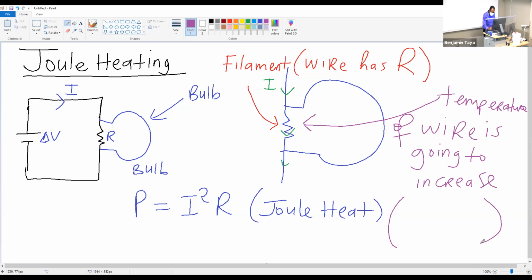Basically, in a light bulb you're just passing current, and then the current is going to heat up. So when this current goes in, you're just heating up the wire.